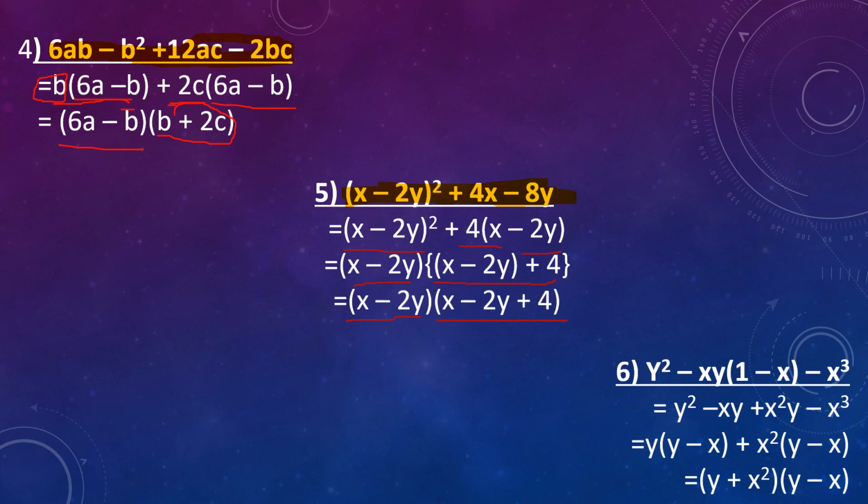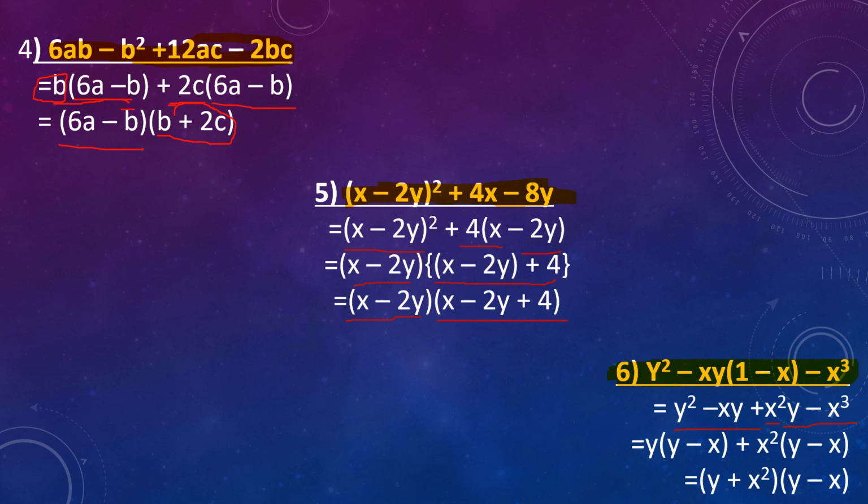Now sixth question. Y square minus xy times 1 minus x in bracket, minus x cube. Children, here first you need to open the bracket. Keep your y square as it is, minus xy plus x square y minus x cube. Now you make the group of terms as they are written.